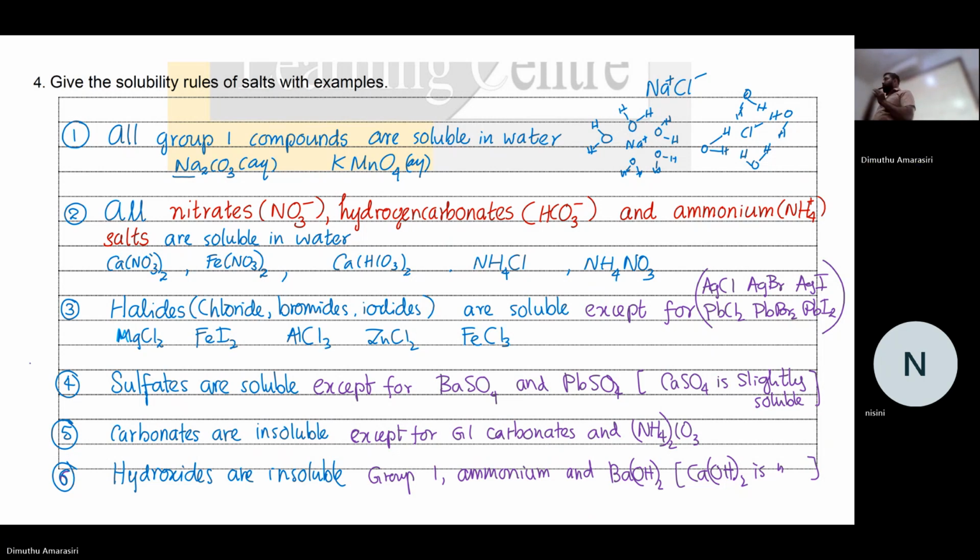Guys, we had a problem of putting physical states, remember? Make it aqueous, make it solid. If it is a metal, it's a solid. If it's an acid, it's aqueous. A gas like carbon dioxide, no problem.